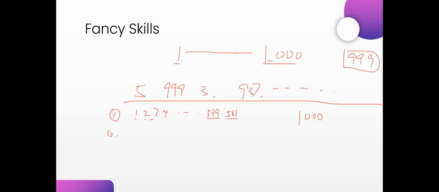How about the second solution? I still sort this array, and then what? I'm going to find the middle value. From 1 to 1000, the middle value is 500. If this number is 500, what does that mean?